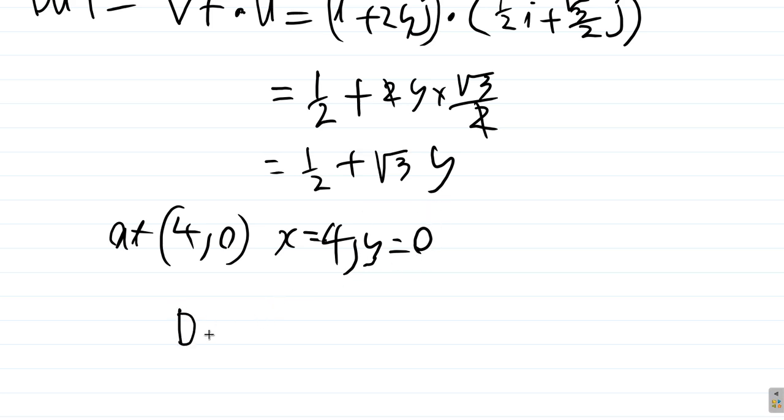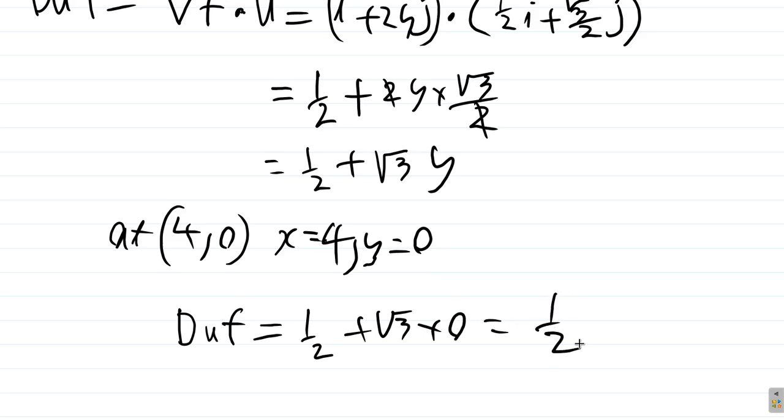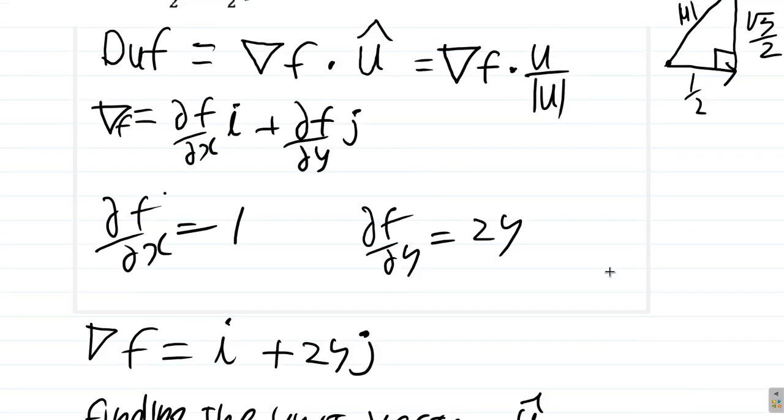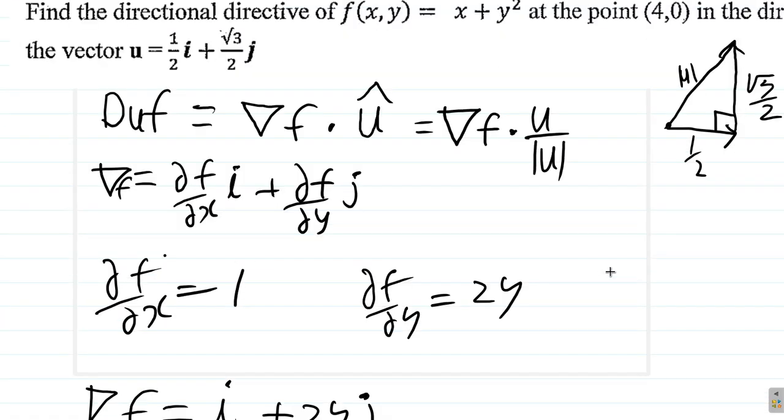So the directional derivative of the function in the direction of the vector is half plus square root of 3 times 0, which is just half. Okay, so there we go. Here we have our directional derivative.